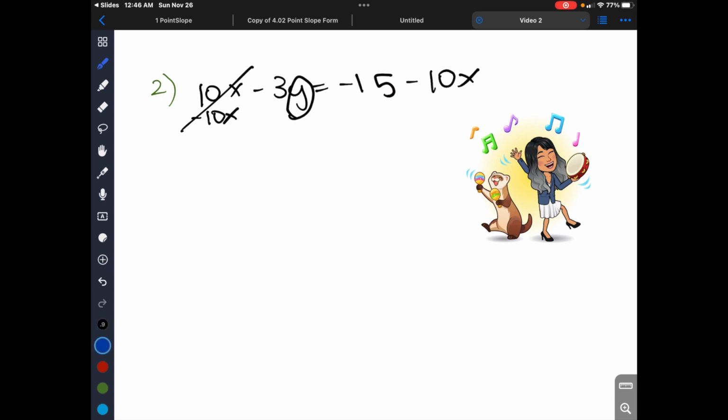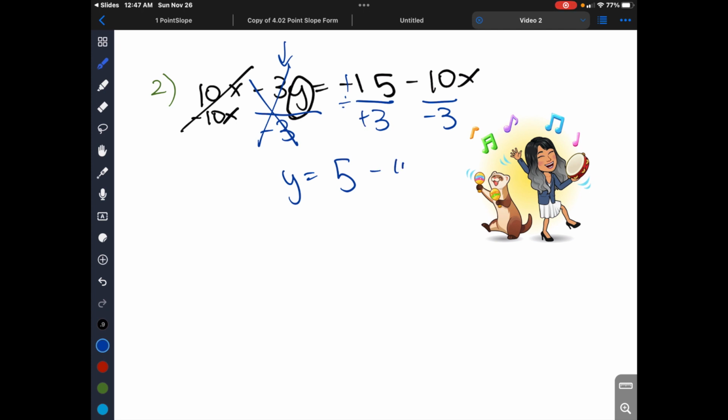Then, I'm very close. What's stuck to the y? The negative 3. Then I divide by negative 3. It cancels. I divide by negative 3 here and divided by negative 3 here. So y equals, what is negative 15 divided by negative 3? This is a division, which is positive 5, because these negatives cancel.